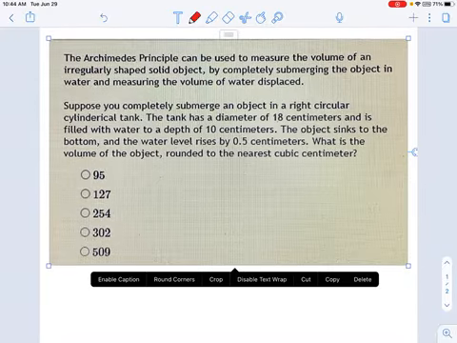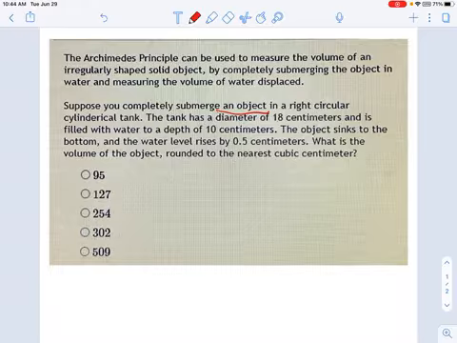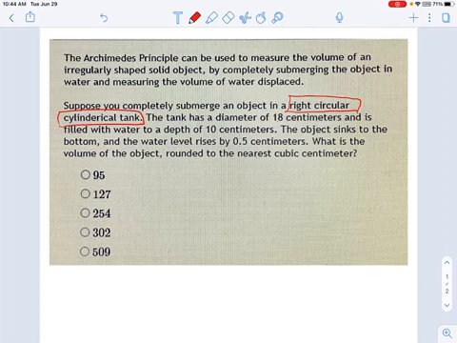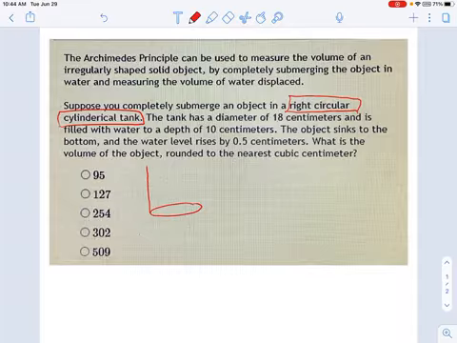We don't know what this object is, but we're just submerging an object in something called a right circular cylindrical tank. Boy, that is a mouthful. Let's just draw a picture of what that means. A right circular cylindrical tank is a volume that is just what everybody would normally think of as a cylinder.